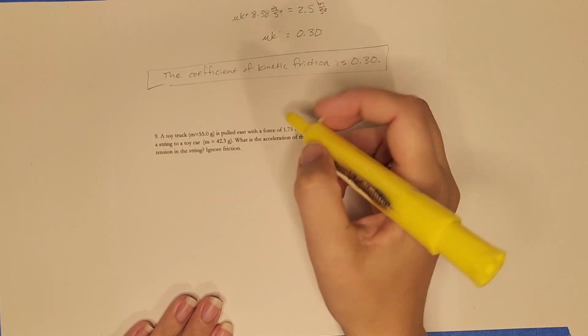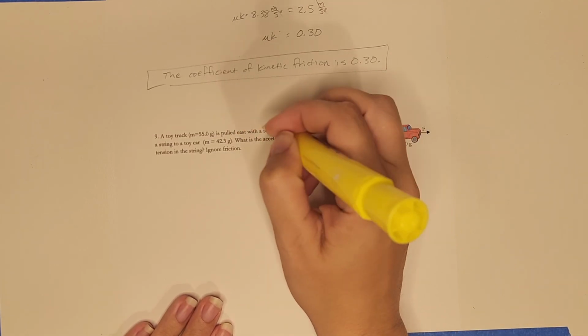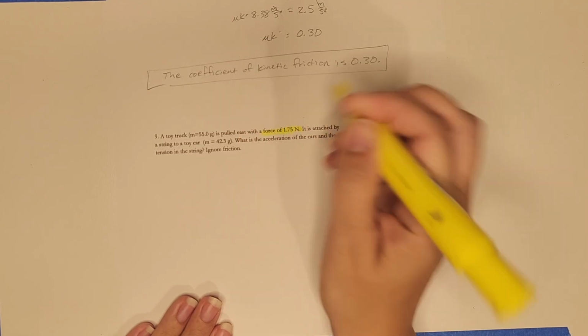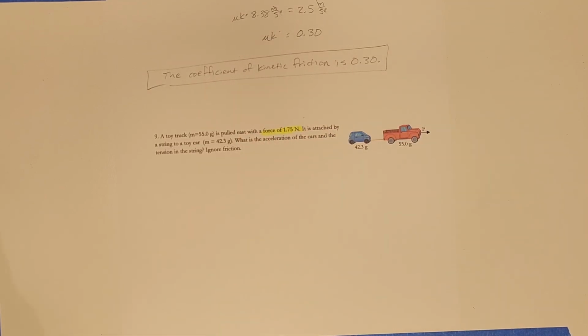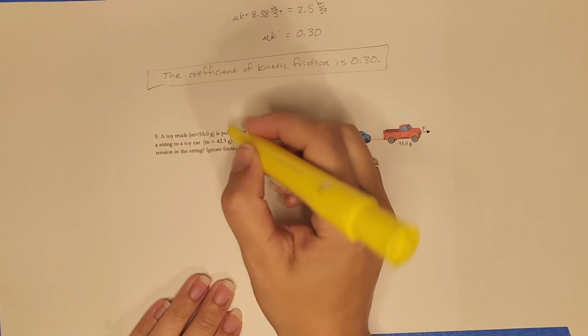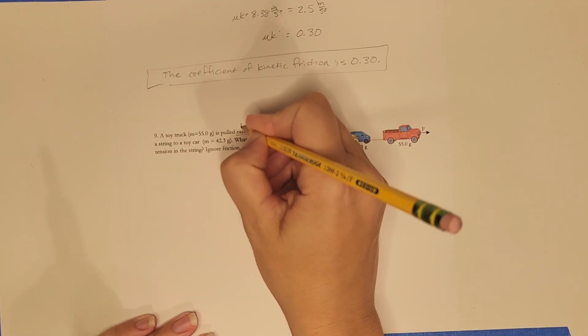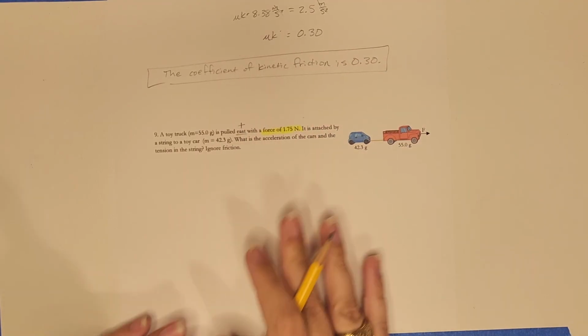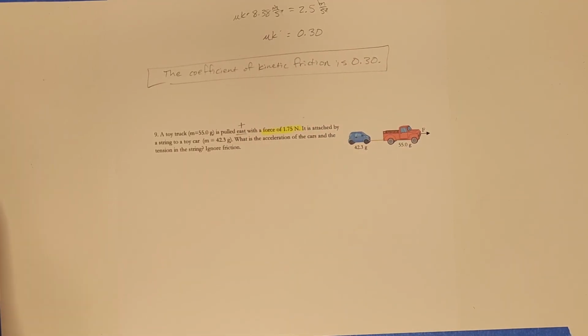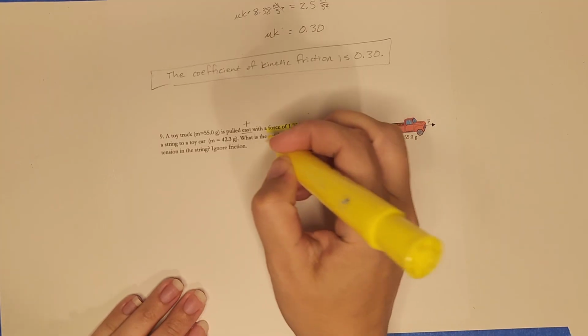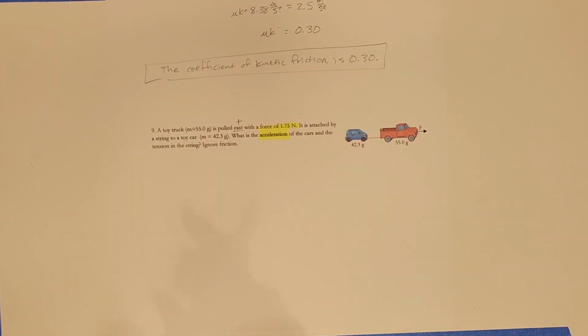We are being told that this is being pulled east with a force of 1.75 newtons. Okay, and so we are going to say that east here is positive. And remember that we're going to have acceleration in our answer, and we're going to need to include that direction with it.